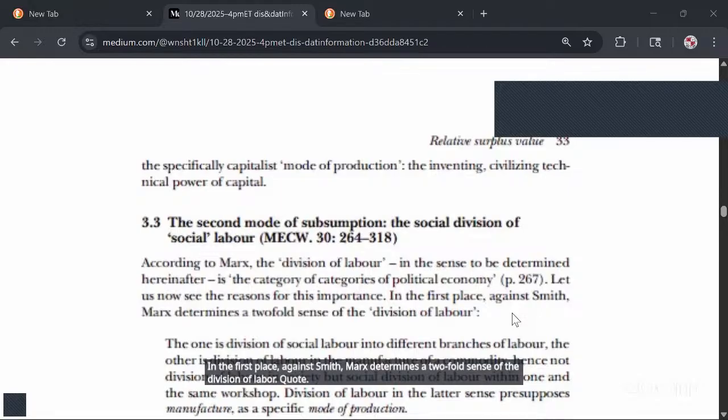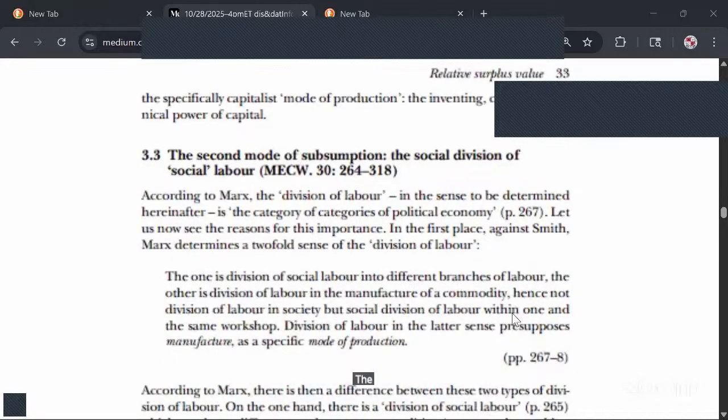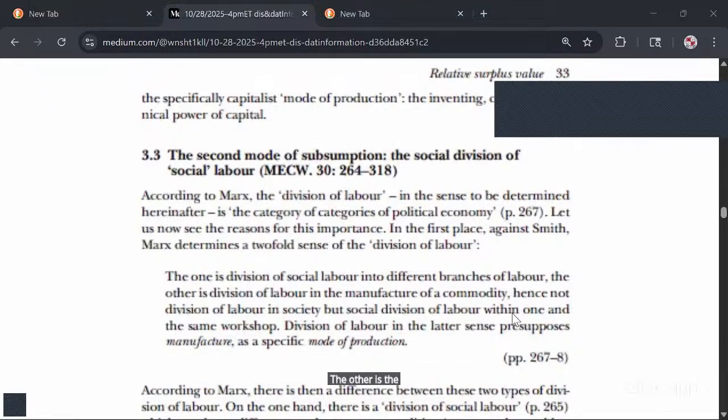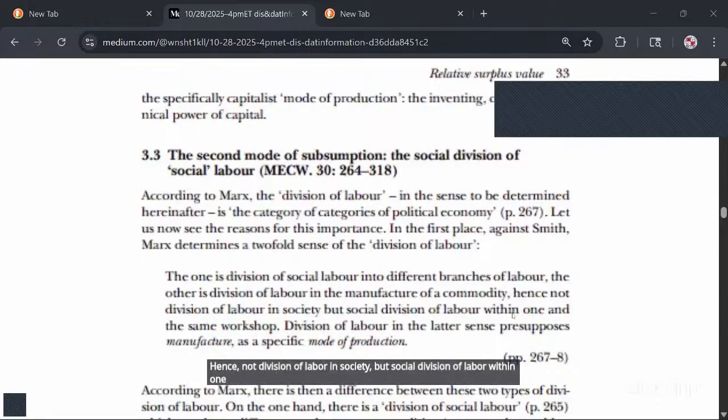In the first place, against Smith, Marx determines a twofold sense of the division of labor. Quote, the one is division of social labor into different branches of labor. The other is the division of labor in the manufacture of a commodity, hence not division of labor in society, but social division of labor within one and the same workshop.